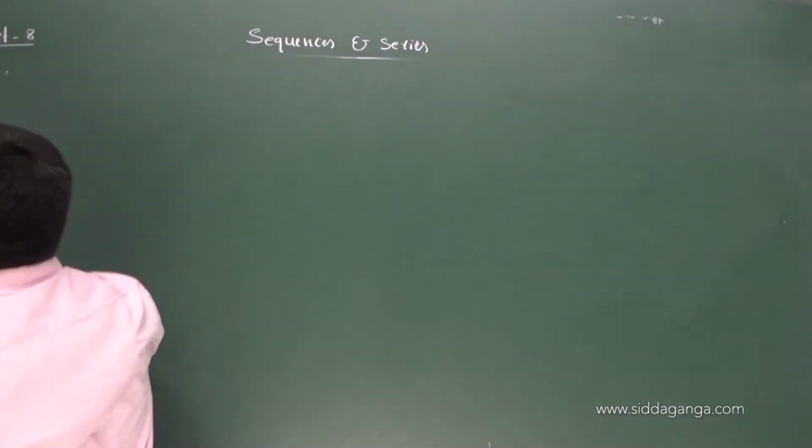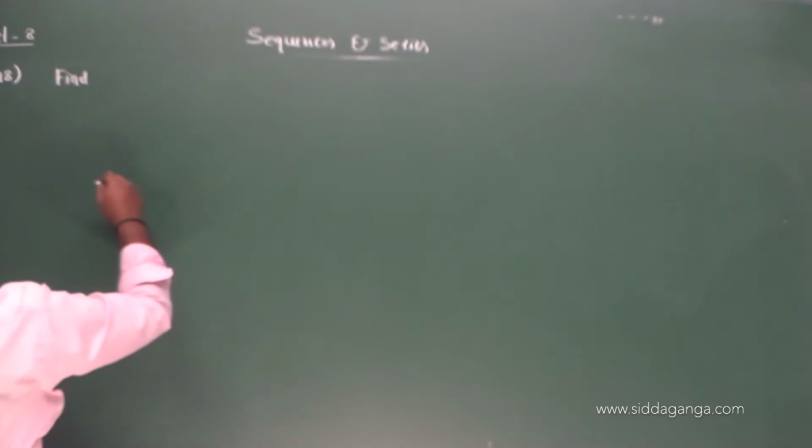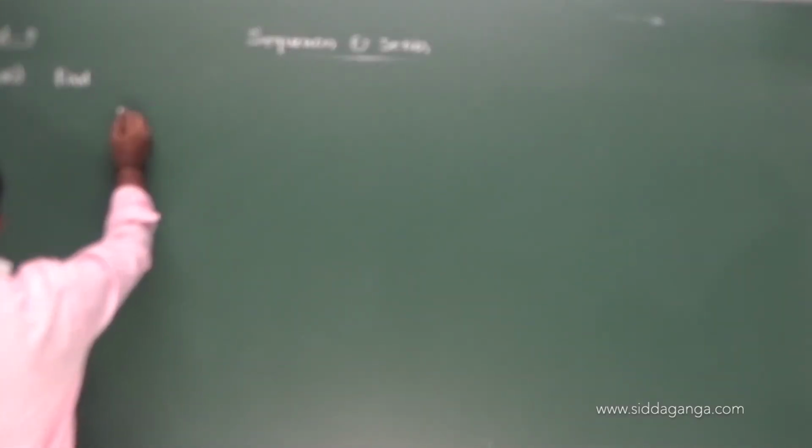Let's move to question number 18, that is, find the sum of n terms of the sequence. This is important for the annual examination, most important for the examination. The same type of question we have in the solved examples, please refer to that.